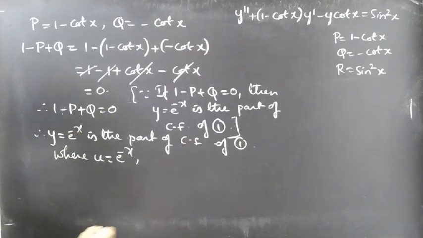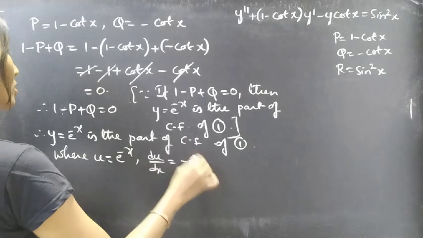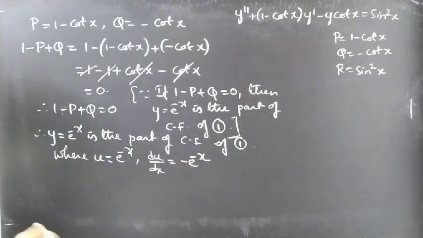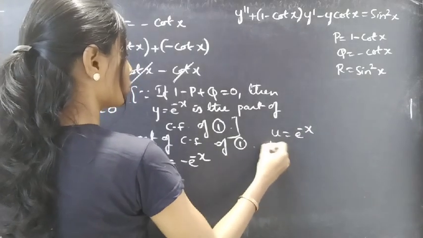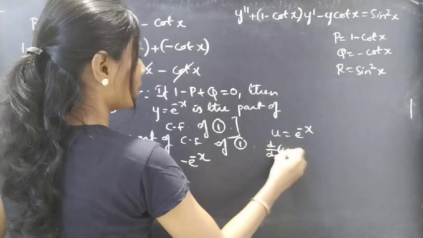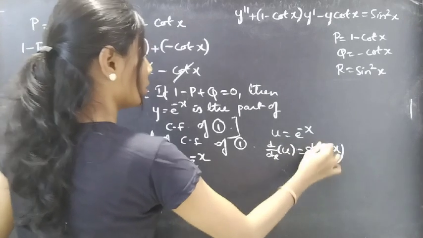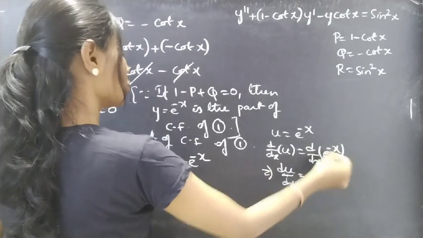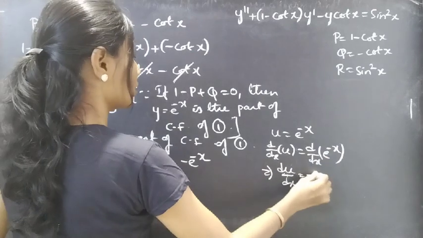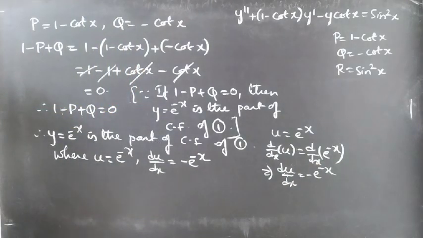If u = e^(-x), then the derivative of u with respect to x is -e^(-x), right? Just consider u = e^(-x) and differentiate on both sides with respect to x. You'll get du/dx = -e^(-x). Okay, you'll get the same thing.